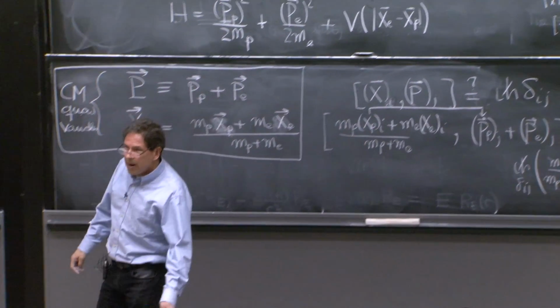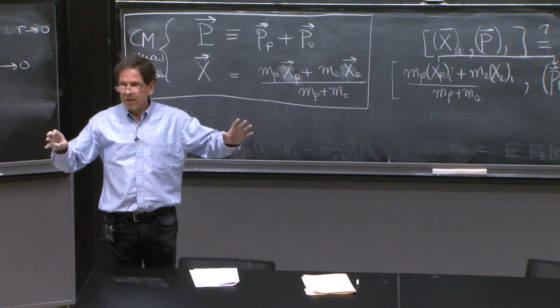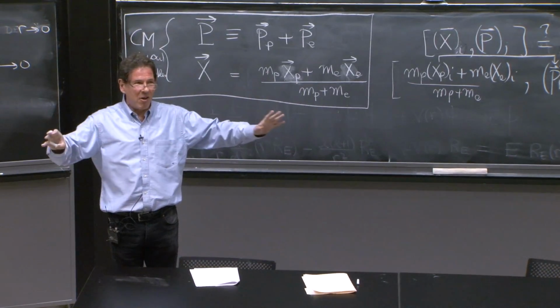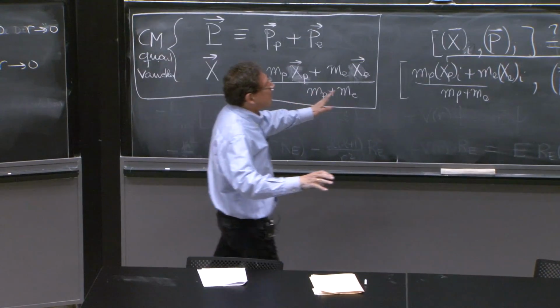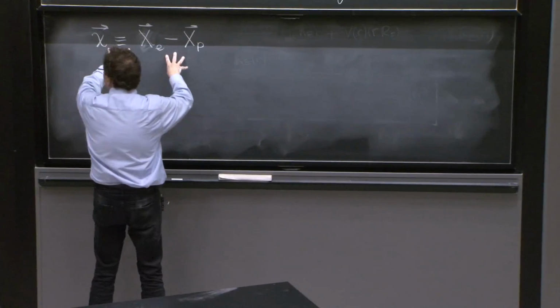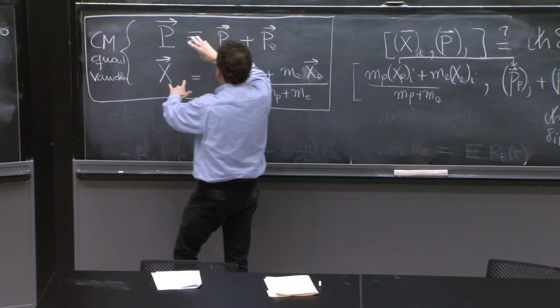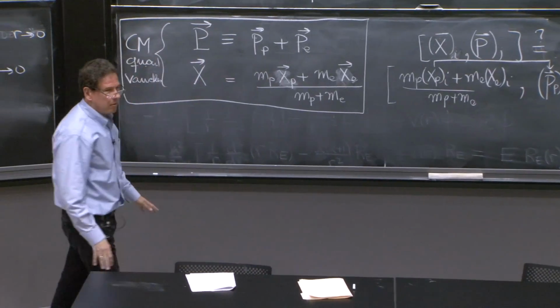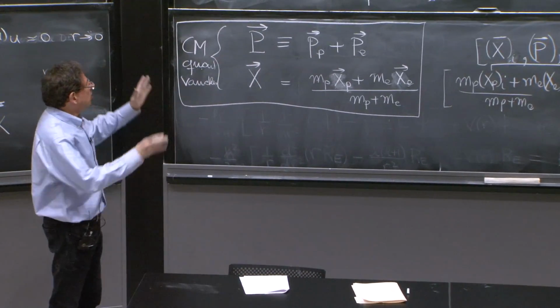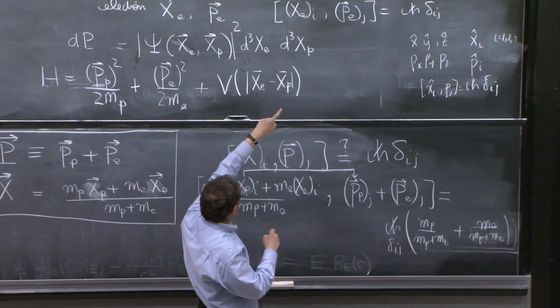Already at this point you could be paralyzed with fear. Something could have gone wrong at this moment. Imagine if this x doesn't commute with this, guys. Then it's all a disaster. Because electron and proton should commute with each other.